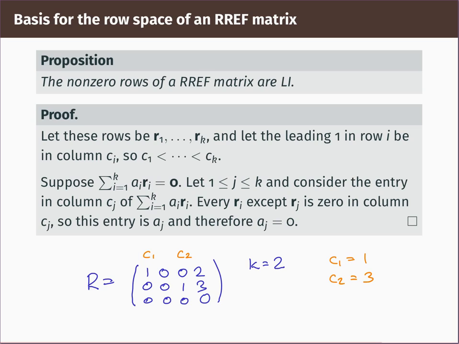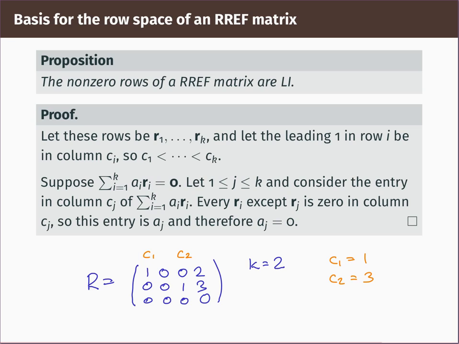Now let's suppose that a linear combination of these non-zero rows is equal to the 0 vector. We'll call that linear combination the sum from i equals 1 to k of ai times Ri. Now let's consider, for a fixed j between 1 and k, the entry in column Cj of this sum on the left-hand side of that equality.